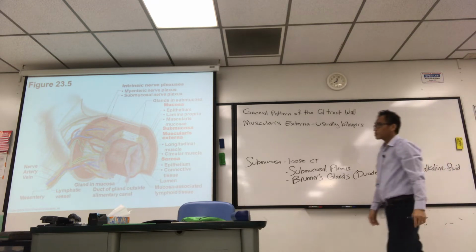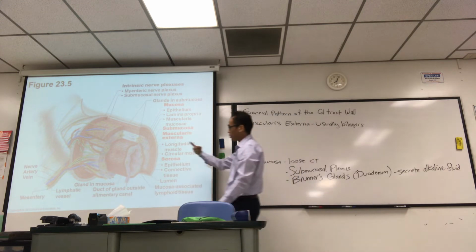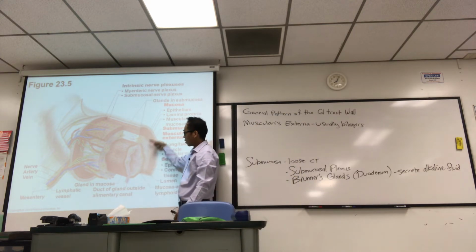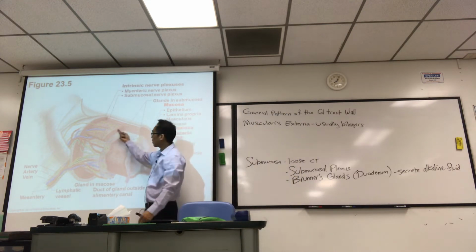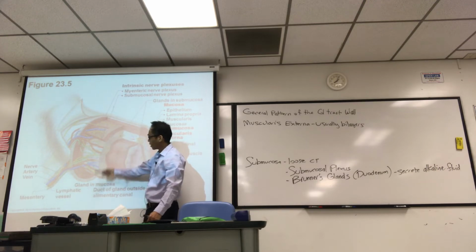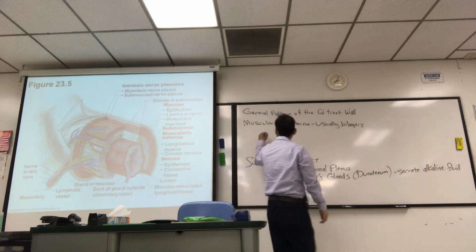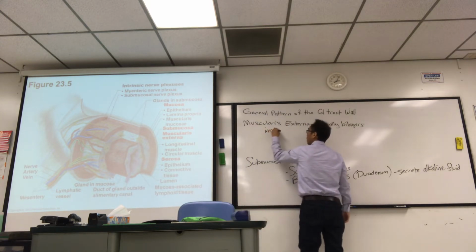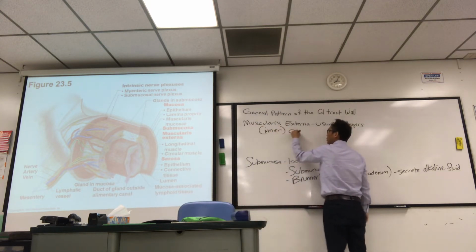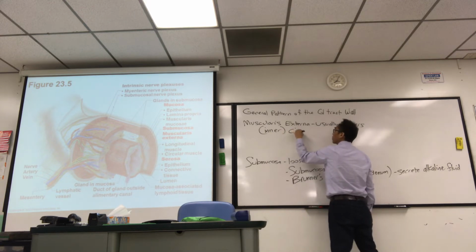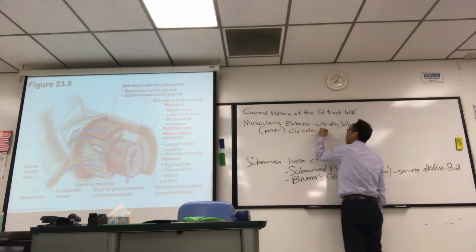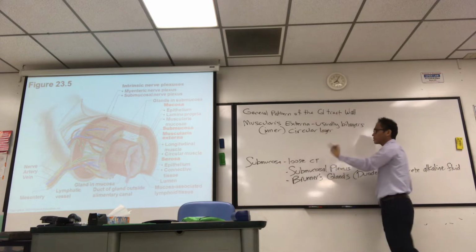One, the smooth muscle layer is arranged circularly around the digestive tract. See this layer here, this inner circular layer? They're arranged in this plane. So you have an inner circular layer. You don't have to put inner, but it's called circular layer. The circular layer by itself means nothing.